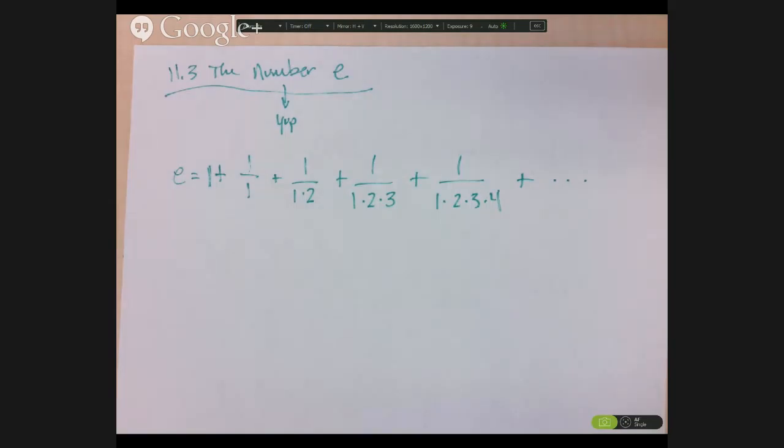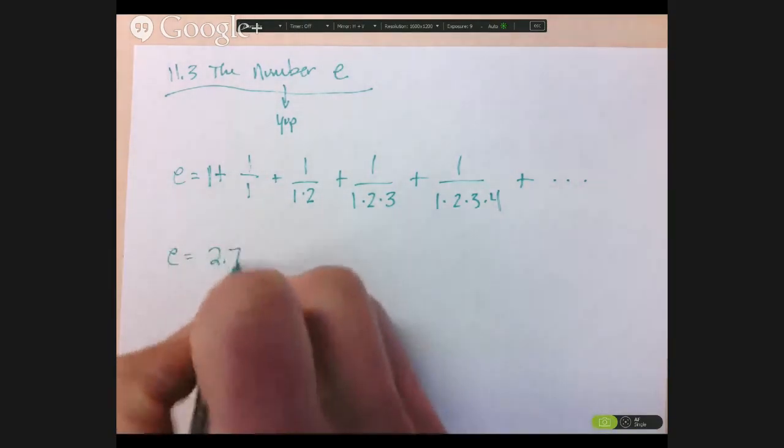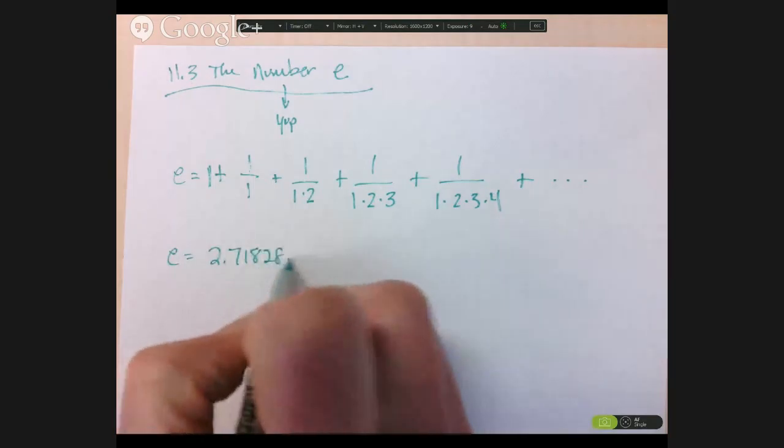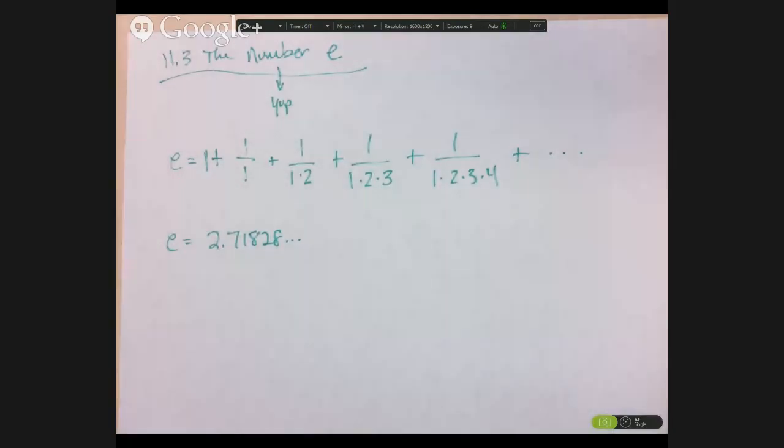Okay. Anybody remember the decimal approximation since you did it last year? Yeah, and it's just like pi. It's irrational, non-repeating, non-terminating, as far as we know. The probability is very high that it's irrational, but I don't know.